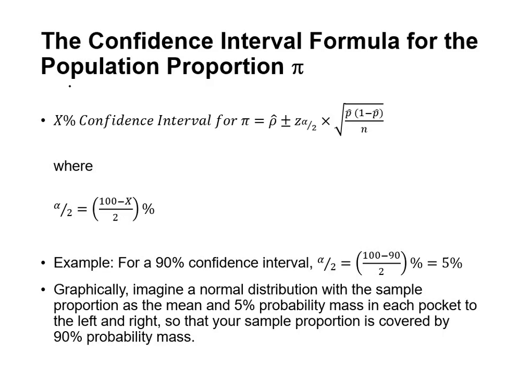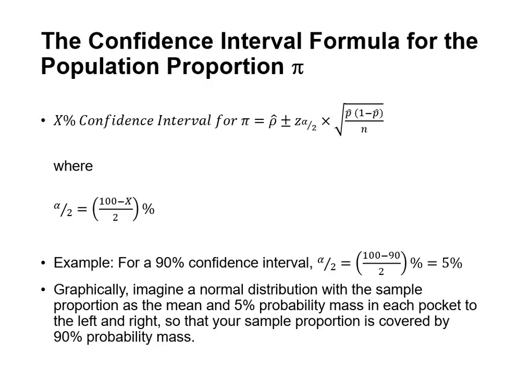So if, let's say, x were the 80% confidence interval, then we would have 10% in each pocket. So 100 minus 80, that's 20, 20 over 2, that's 10. Or if we have a 90% confidence interval, we would look for alpha half of 5%.